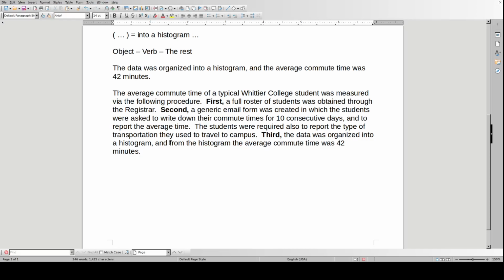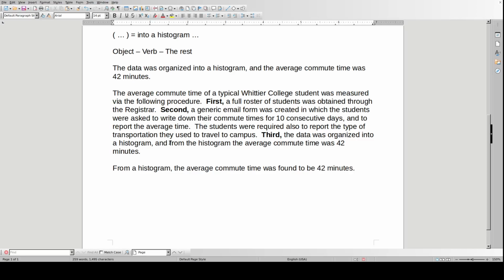You could be a lot fancier here, though. You could say from the histogram, or how about just from a histogram, the average commute time was found to be 42 minutes.